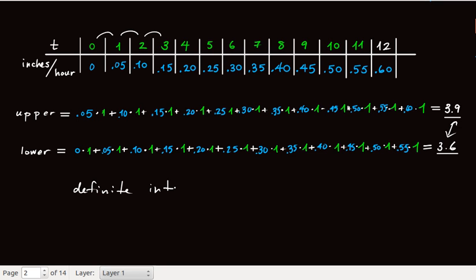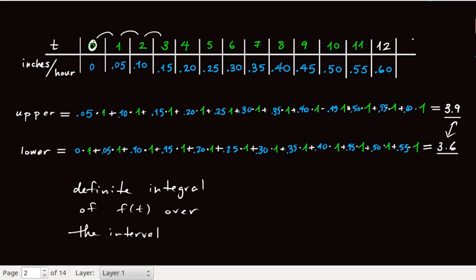The definite integral is when you take really tiny intervals, infinitesimally tiny intervals, that gives you a sum. Both lower and upper estimates are going to be the same, and it's going to be equal to something called the definite integral of the function f of t over the interval between, well, in this case, what do we have?